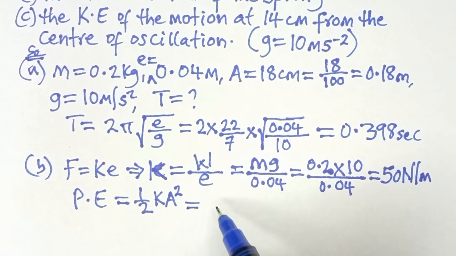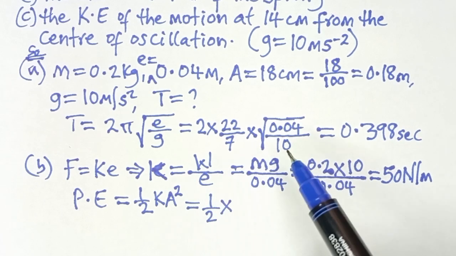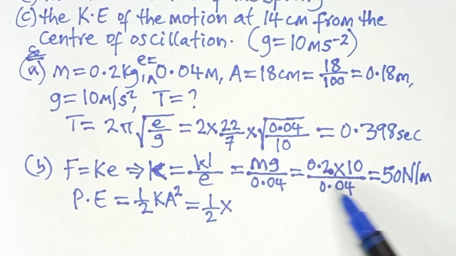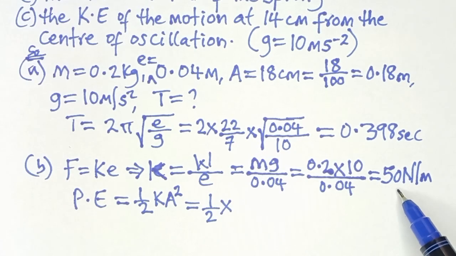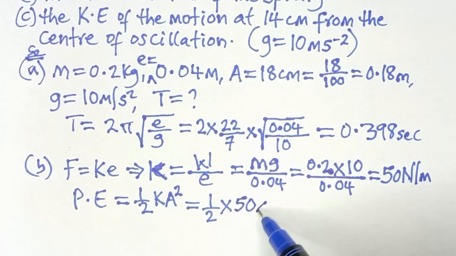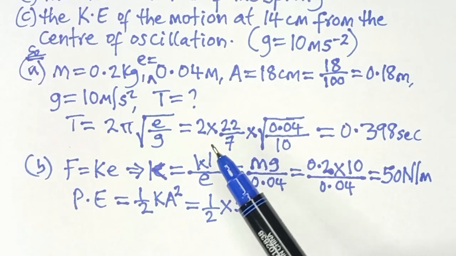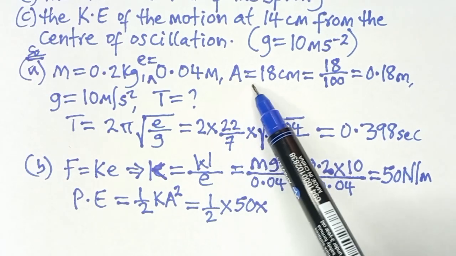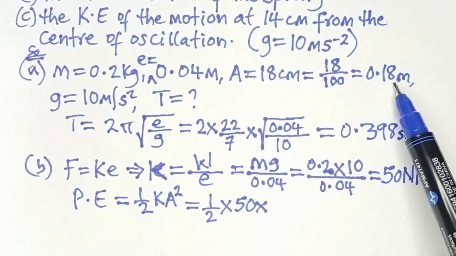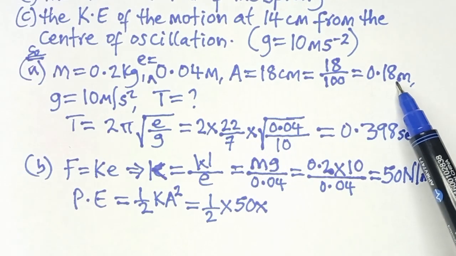So it will be equal to half times the value of K. We already know the value of K from this part as 50. Don't forget, our K is 50. So I'm going to write 50 multiplied by the amplitude, that is A square, the square of the amplitude. The amplitude is 0.18 meter. You can see it here, amplitude 0.18 meter.